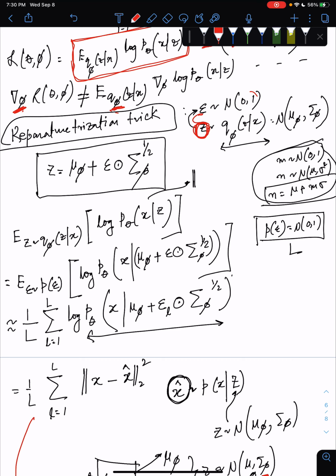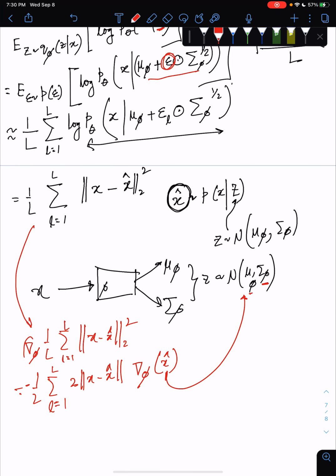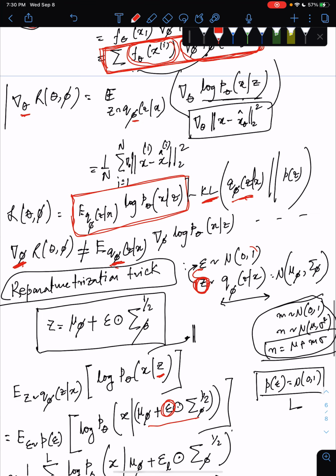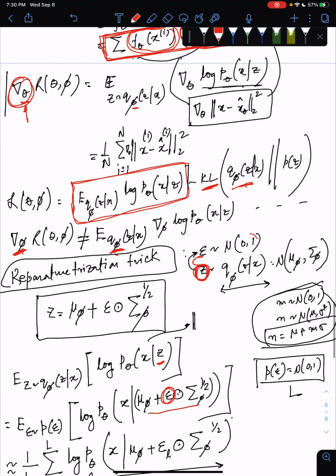We can sample L times, express these z's in terms of these epsilons, and then we can take the derivative with respect to phi. Earlier we showed that derivatives with respect to theta won't be a problem, right?